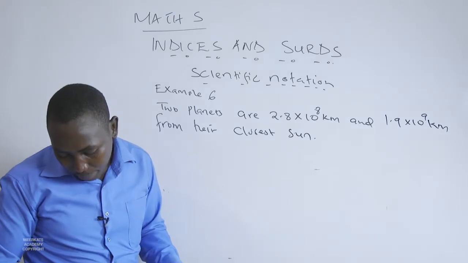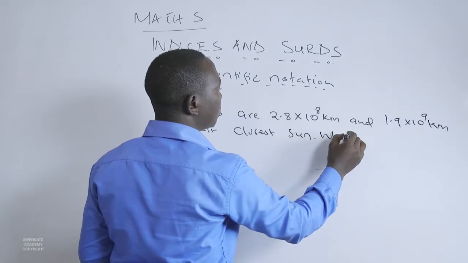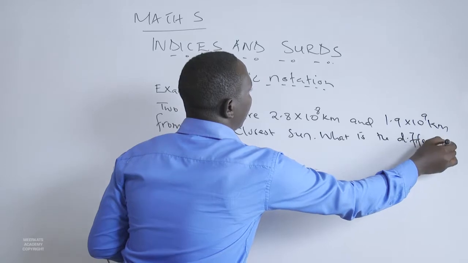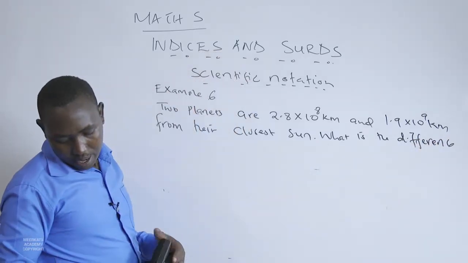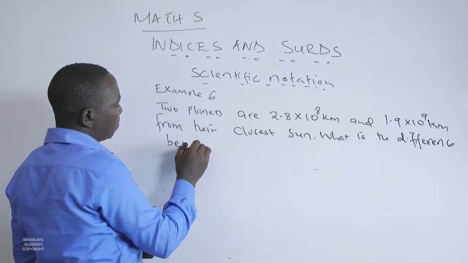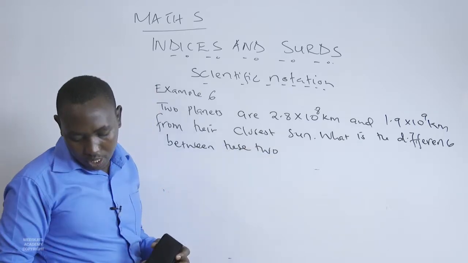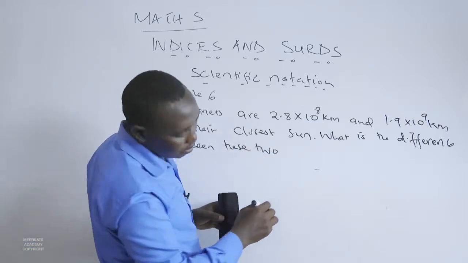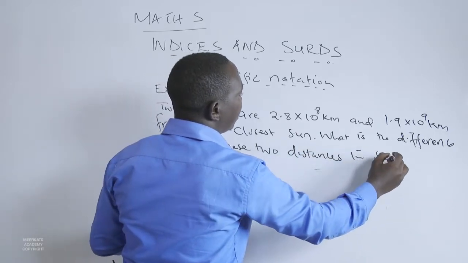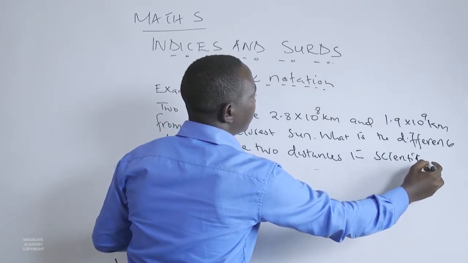Question is, what is the difference between these two distances in scientific notation?